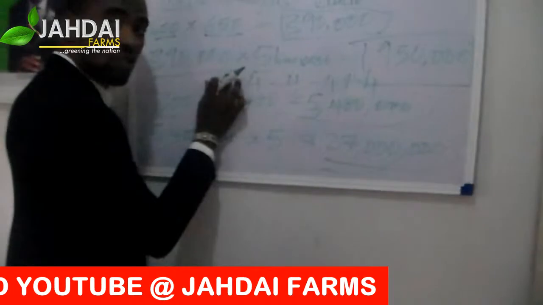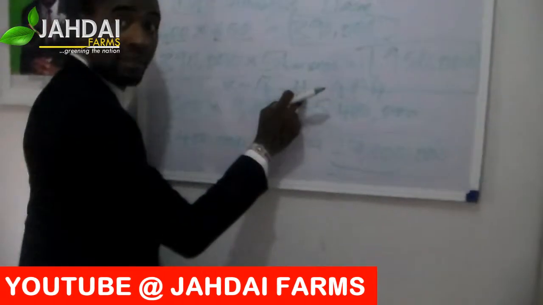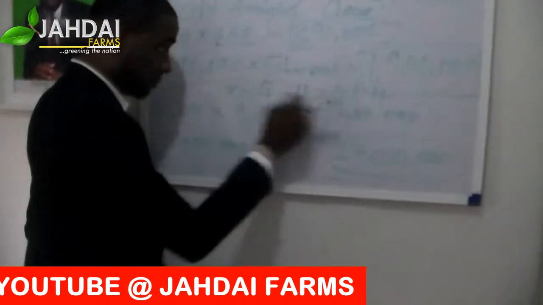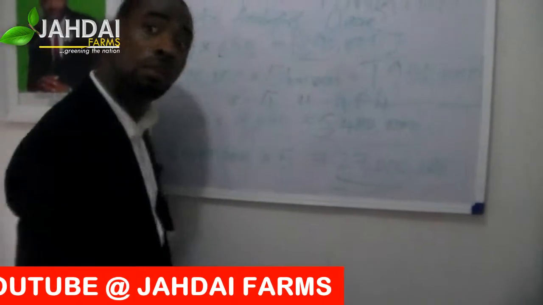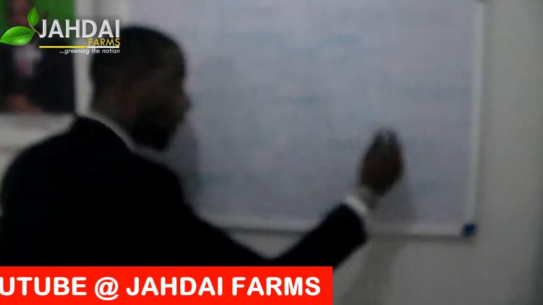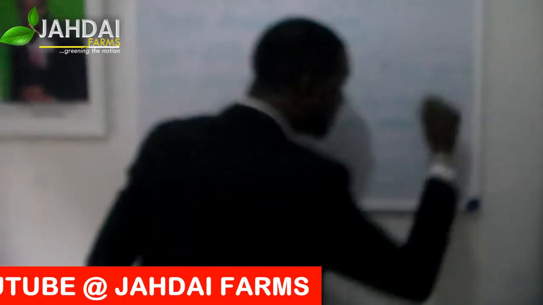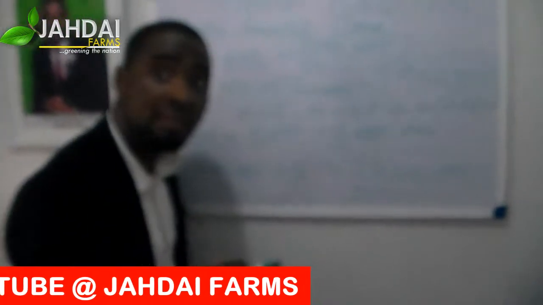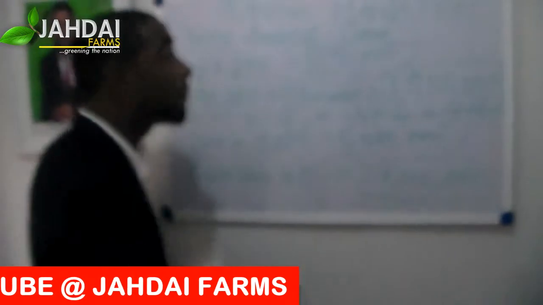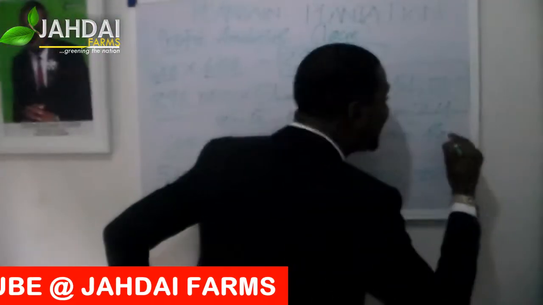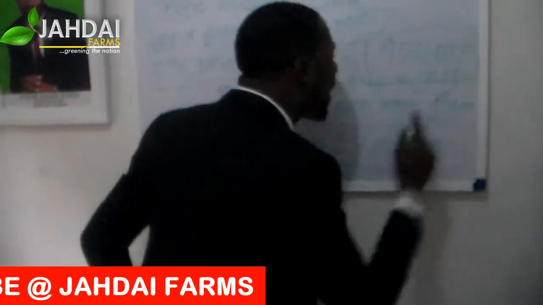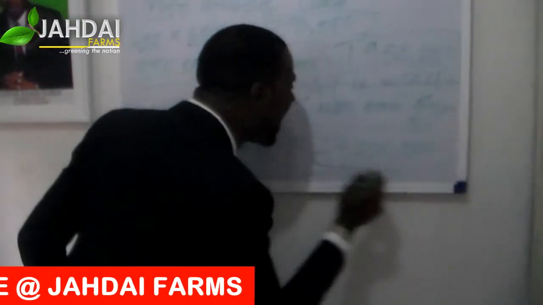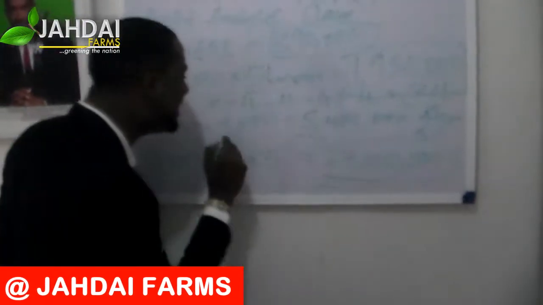So we have 8 months. 8 plus 8, 16, right? 16, 20, right? No, that is 24. 24 months. That is 2 years. So approximately in 2 years and 5 months, you are generating 27 million planting 9,000 suckers.